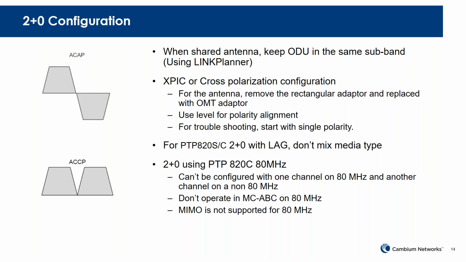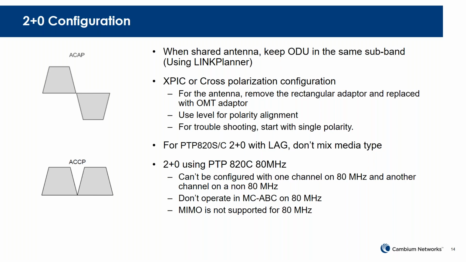You need to use the link planner to choose the proper ODU port number. And the other thing is that for XPIC or cross polarization configuration, some customers very often forget to remove a rectangular adapter from the antenna.